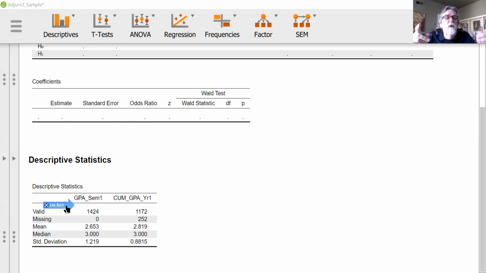The mean here is 2.65, and the standard deviation is 1.22.